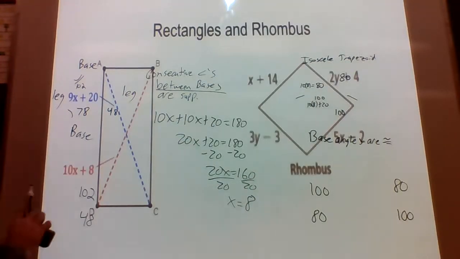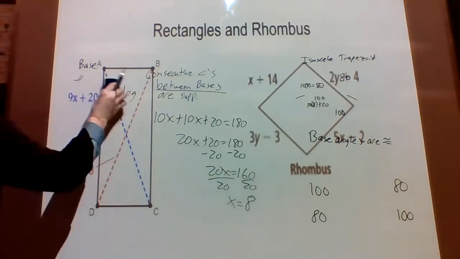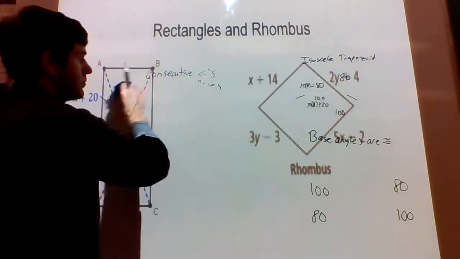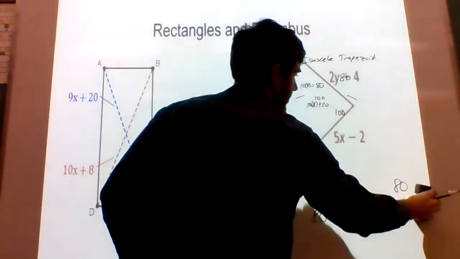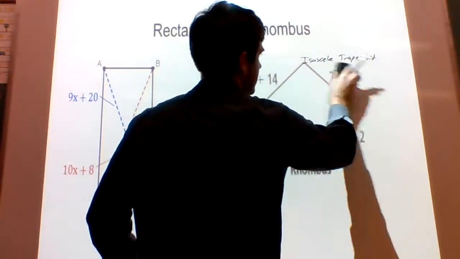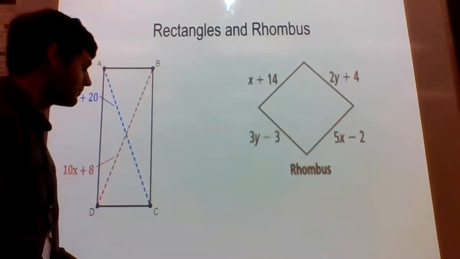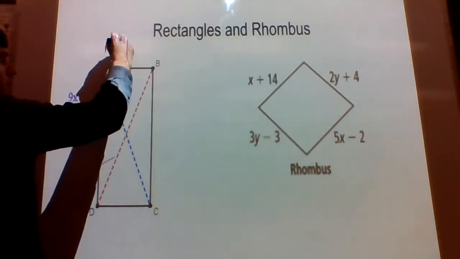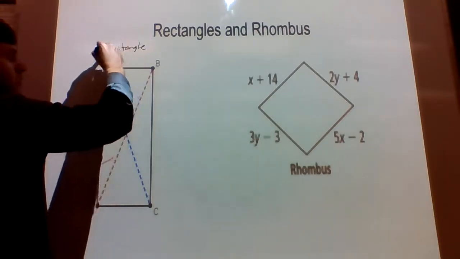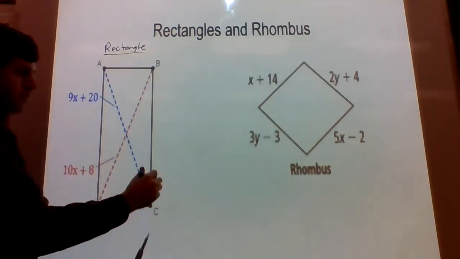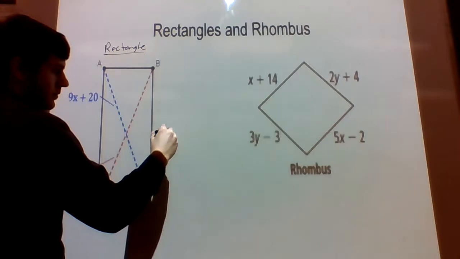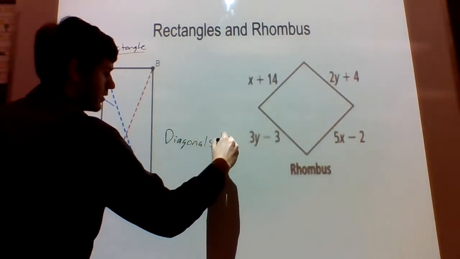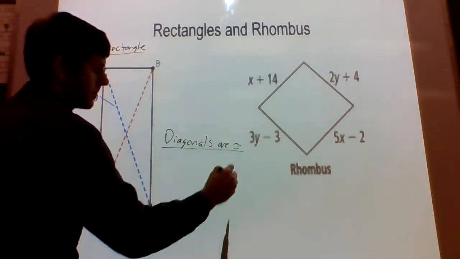All right, last two problems here. We have a rectangle and a rhombus. In a rectangle, we know diagonals are congruent.